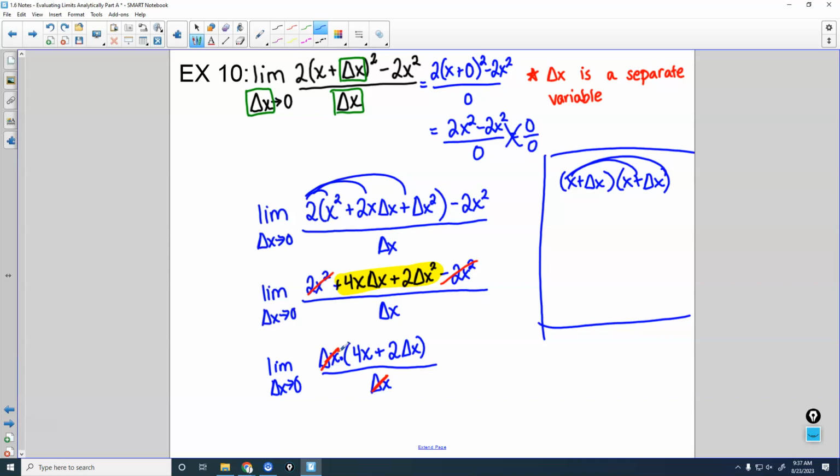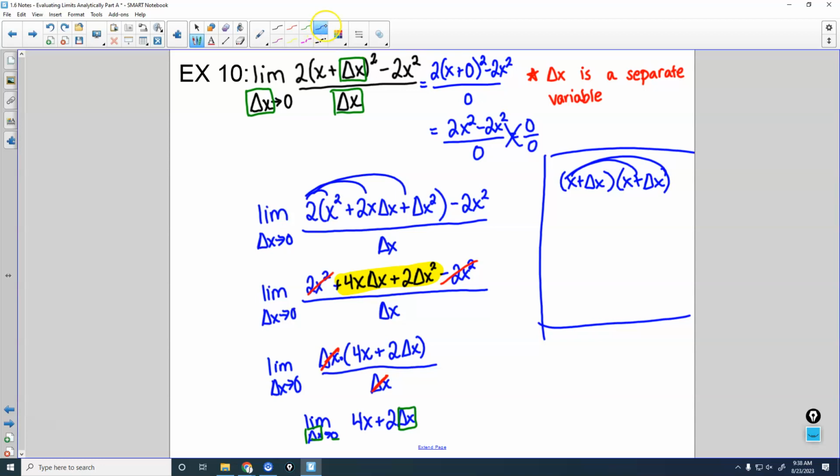Now, as soon as something cancels, what we're looking at is the limit. No, I took one out, so it's not supposed to be there. So I got 4x plus 2 times delta x. Whenever we're doing this limit, delta x equals 0. Delta x, not x. Right?